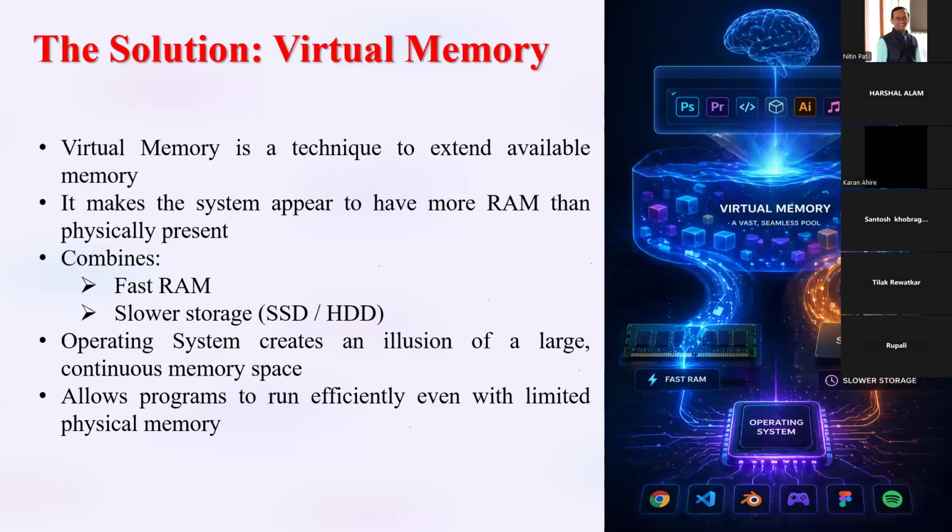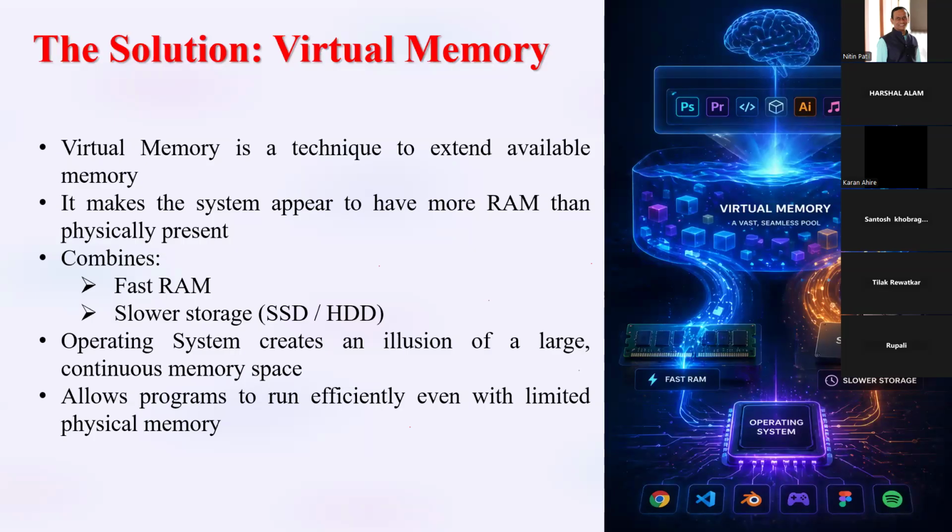But remember here, this illusion is not simple. It requires continuous coordination. The operating system must decide which data stays in RAM, which data moves to the disk, when to bring the data back, and how to do all of this without slowing down the system.